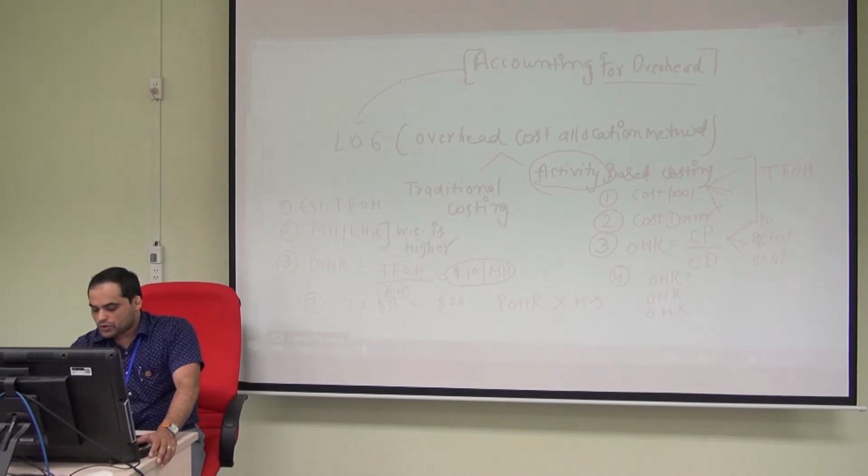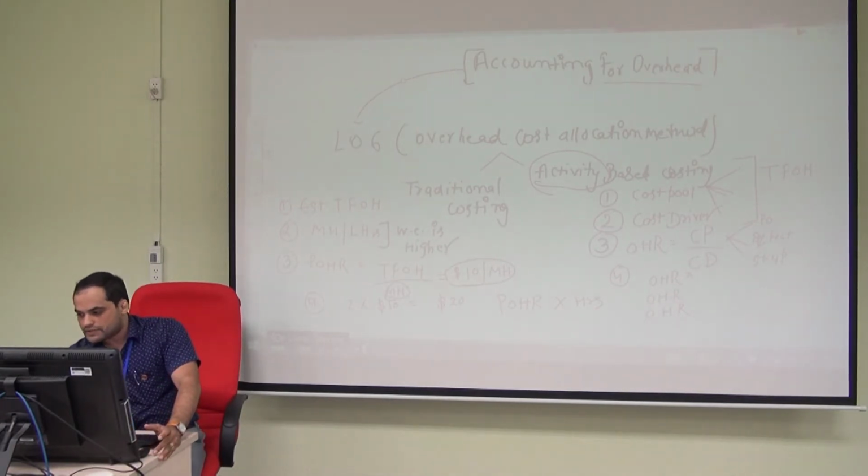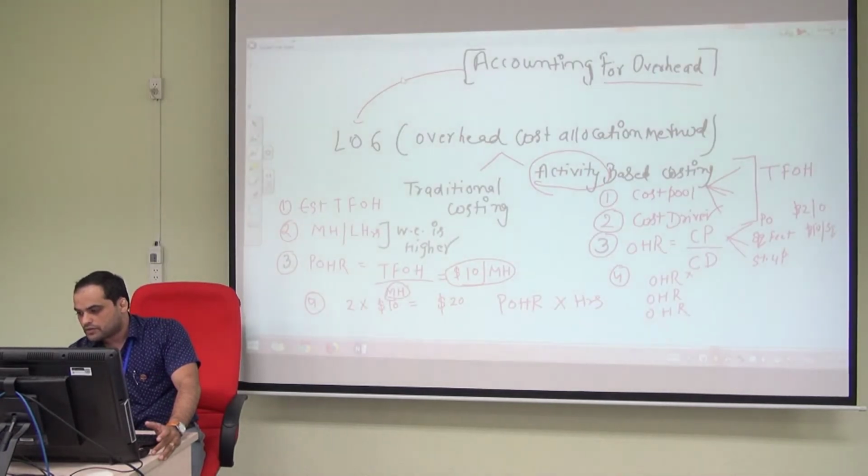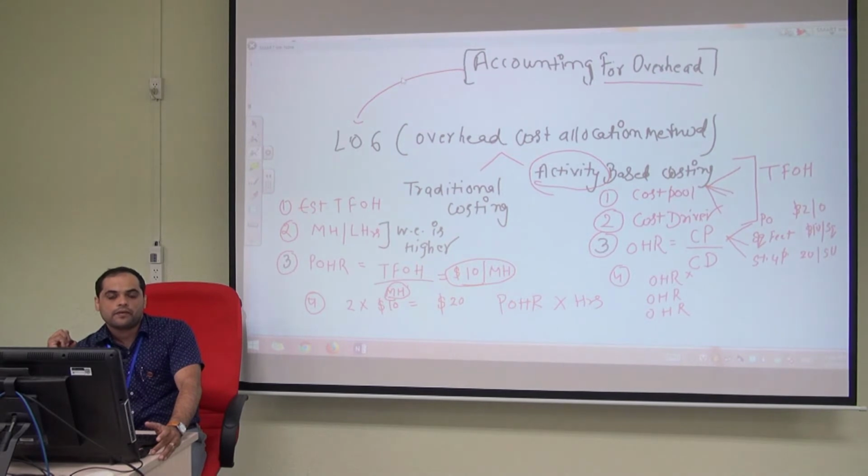So, for example, your overhead rate for purchase order is $2 per order, $10 per square foot or whatever, and let's say $20 per setup.